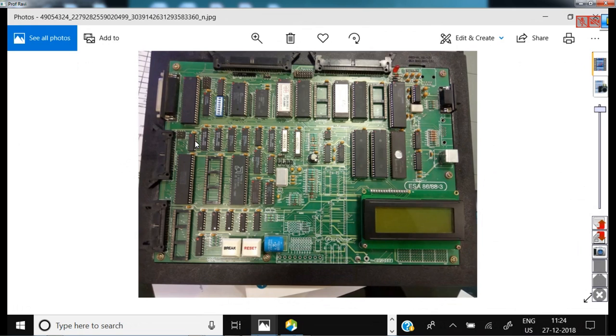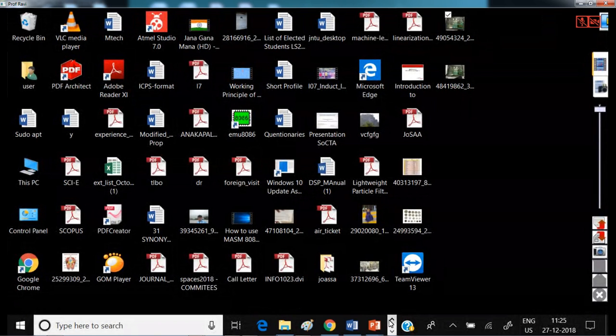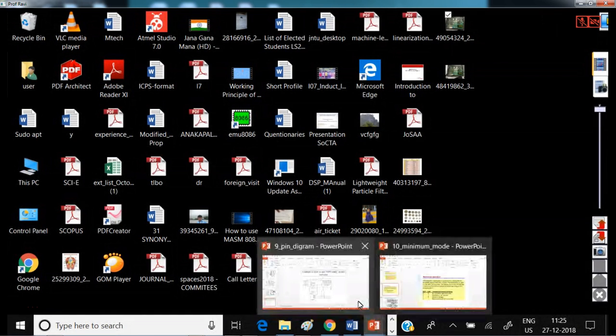Whatever you learn here, go to the lab and check how they are interfaced to the 8086, and what the ICs around it on the board are. That is the objective of today's class. Now let us go ahead with the concepts.